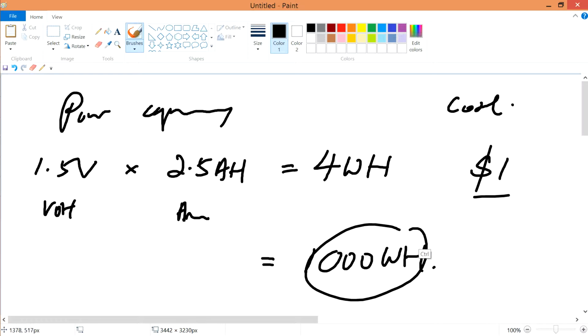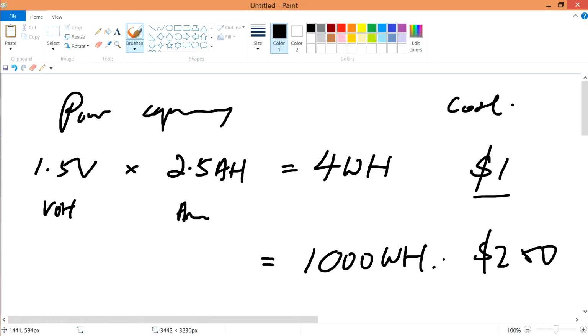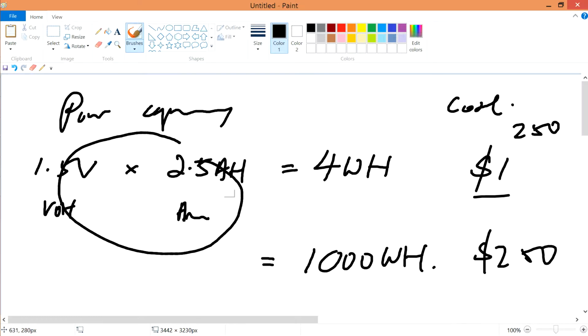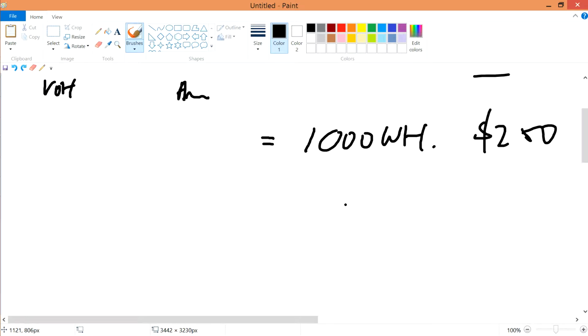In this case, 1000 divided by 4 is about $250. So for 1000 watt hours that you use, you're going to pay $250. This means you also need 250 AA batteries to run. If you have a system running at 1000 watts for 1 hour, you're going to pay $250, which is very expensive.